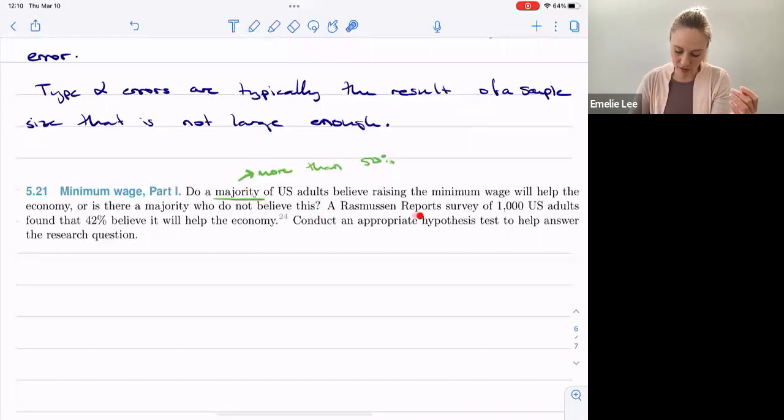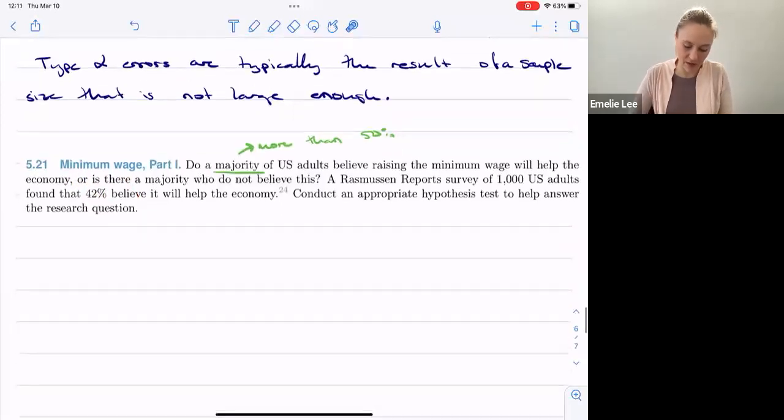So a Rasmussen Reports survey of 1,000 US adults found that 42% believe that it will help the economy. Okay, and so I can't use 42% to prove that a majority thinks that it will help the economy, but I can look at the opposite and say, okay, well then, 1 minus 0.42 is 0.58.